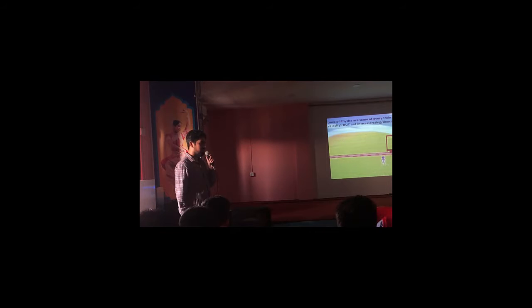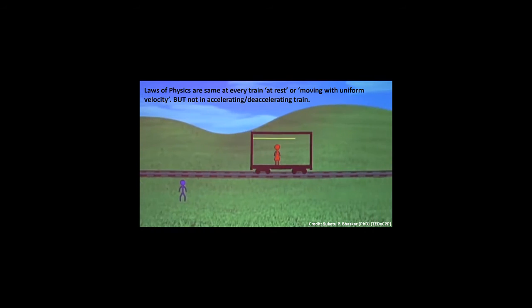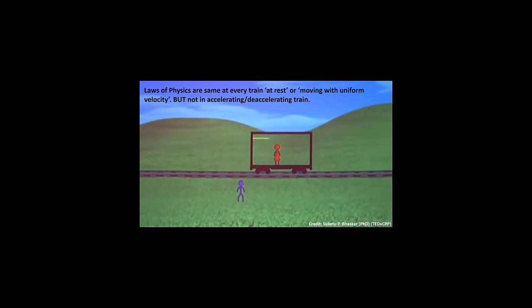Let me play once again. Will it take more than 1 second, less than 1 second, or again 1 second? Well, it is a problem in the video that the light seems to take longer, but in fact, the light again takes 1 second. What is the reason?